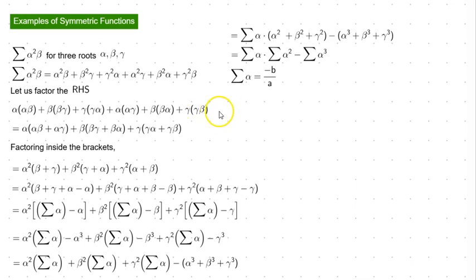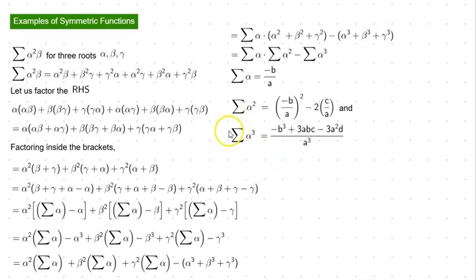So we have already seen that sigma alpha is minus b by a. Sigma alpha square is equal to minus b by a the whole square minus 2c by a. And we know that sigma alpha cube is equal to minus b cube plus 3abc minus 3a square d divided by a cube.